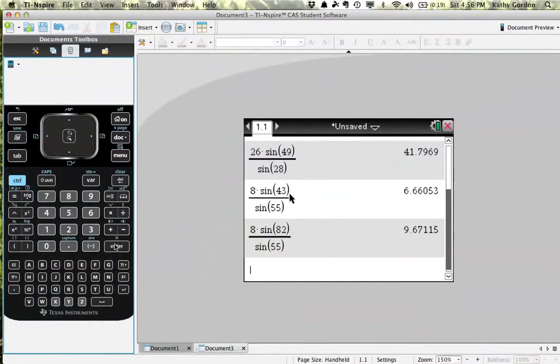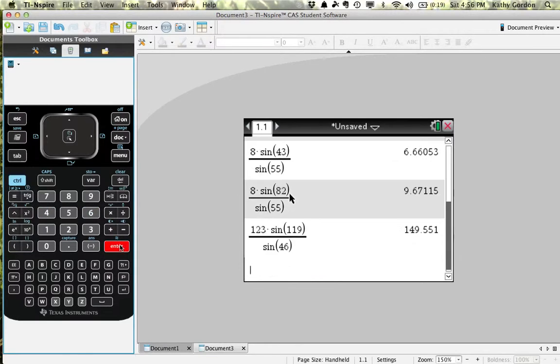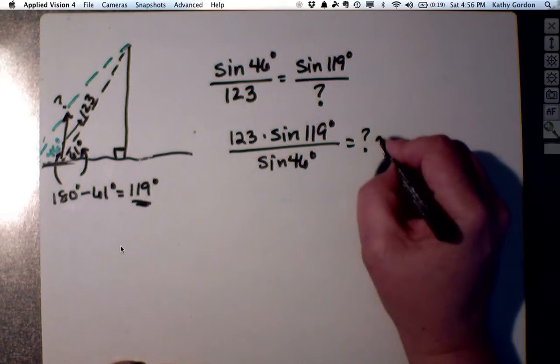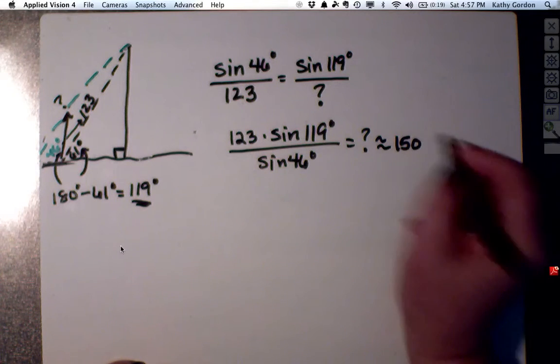So back to our calculator, 123 times the sine of 119 divided by the sine of 46. Control Enter to get a decimal answer, and we get 149.55, so we can round that to about 150.